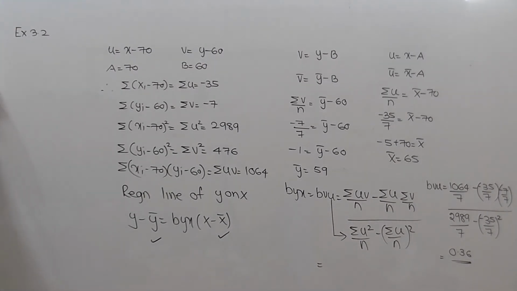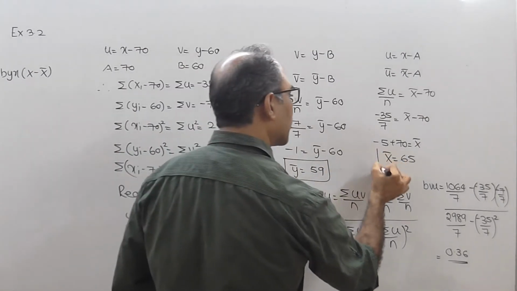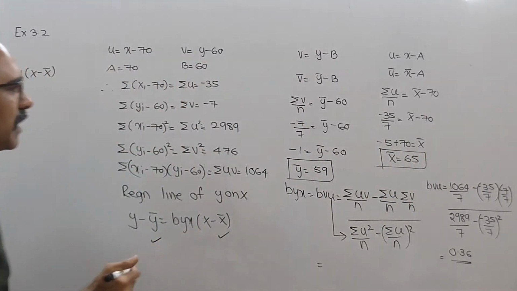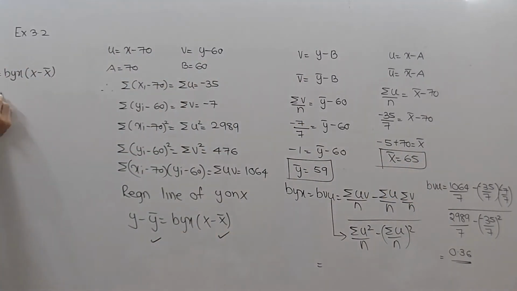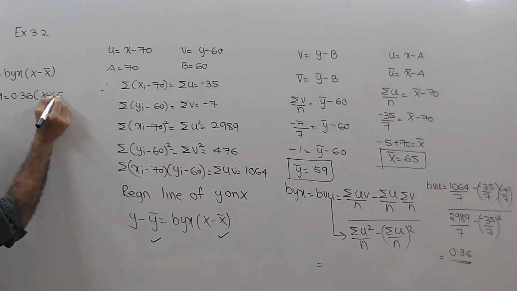Now we can find regression line of y on x, y minus y bar, which is b_yx and x minus x bar. Y bar is here, and x bar is here. So y minus 59 equal to 0.36, x minus 65.